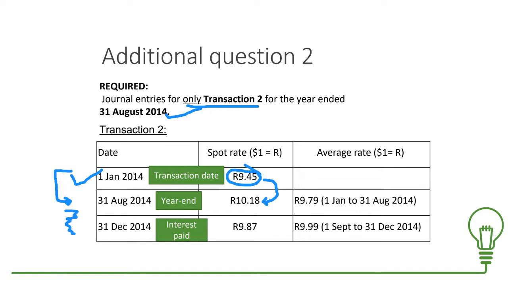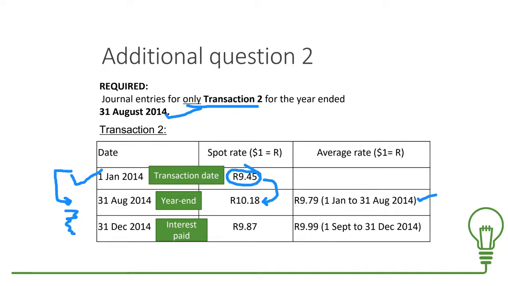Let's talk about the interest. The interest, because it accrues in that manner that we spoke about, where it accrues over time, day by day, month by month, hour by hour, we must then use the average rate to record the interest expense. However, the creditor, the fake or additional creditor that we have created, but like I say, you must never call it that in your exams.